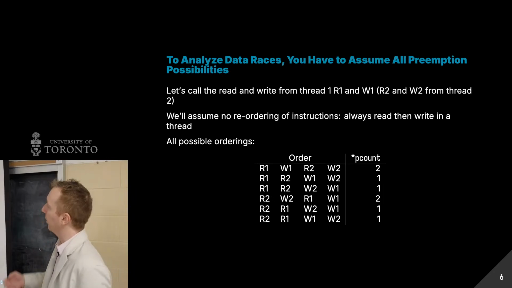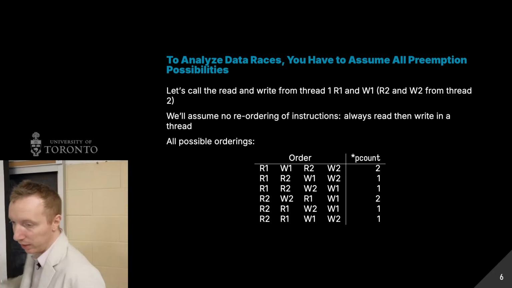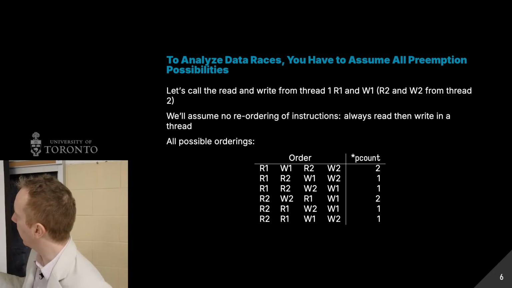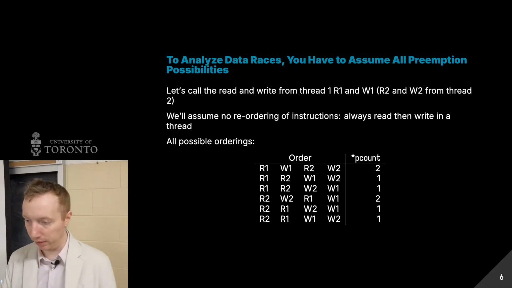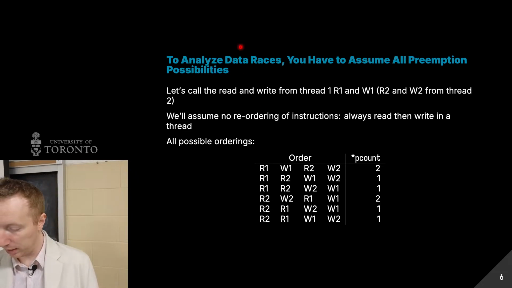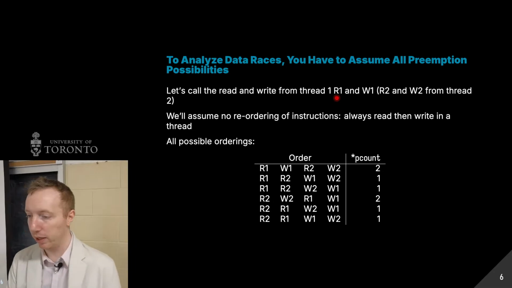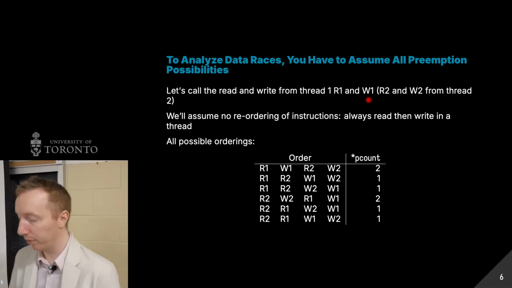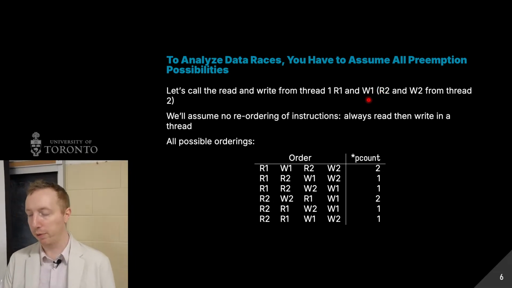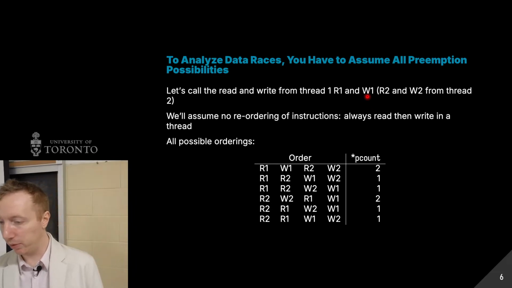So I'm doing this analysis just on count, and the things that I care about are the reads and the writes. So let's call the read and write from thread 1 R1, so that's a read from thread 1, and W1, so that's a write from thread 1, and of course R2 and W2 from thread 2.